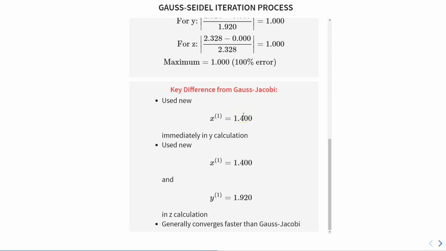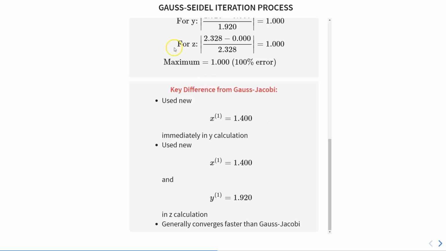That way it gives faster convergence than Gauss-Jacobi. In Gauss-Jacobi, we were not updating the value, we were using the old value. But in Gauss-Seidel we are using the updated value.